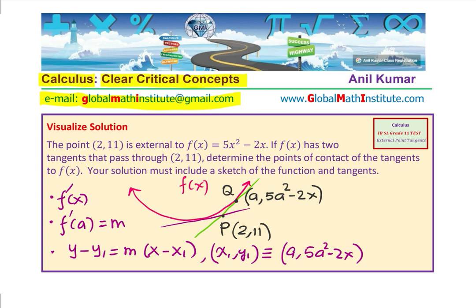Well, the key to get that point is that this tangent also passes through the external point (2, 11). So that is key. So we'll substitute x and y values as 2 and 11. So as soon as I substitute 2 for x and 11 for y, I will be in a position to find the value of a, right? You get the idea.